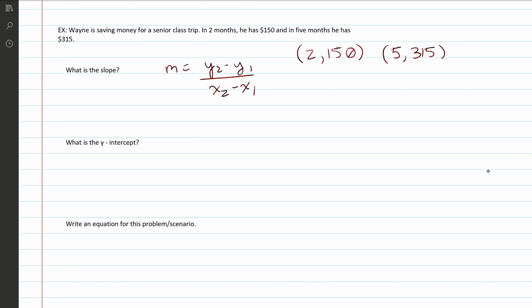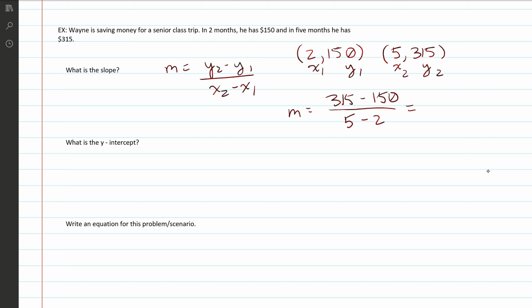That'll be the second ordered pair. Well, ordered pairs are always x and y, right? So if this is the first ordered pair, we'll label those sub 1s. If this is the second one, we'll label those sub 2s. Now, plugging into the slope formula, y sub 2 is 315 minus y sub 1 is 150 over x sub 2 minus x sub 1, which is 5 minus 2.